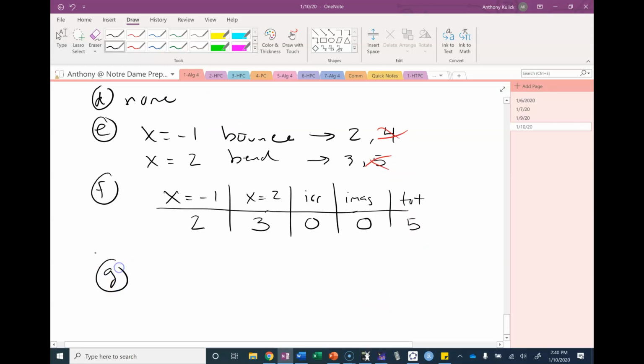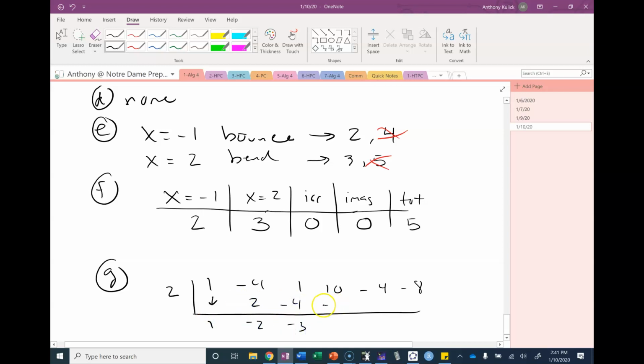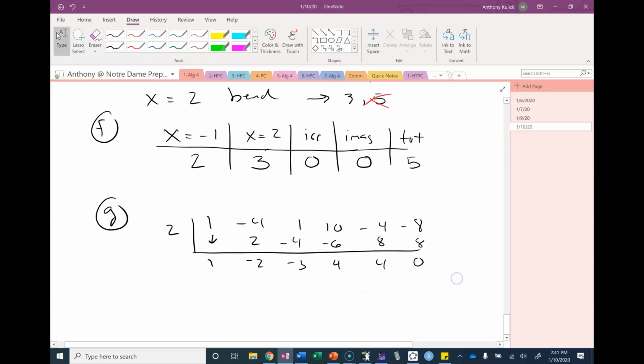So G then says, let's use synthetic division to factor the polynomial. So I'm going to just start with positive 2 to do my synthetic division. It doesn't really matter which one you picked. And I'm just going to divide this a couple of times, right? How many times could I use this? 3.